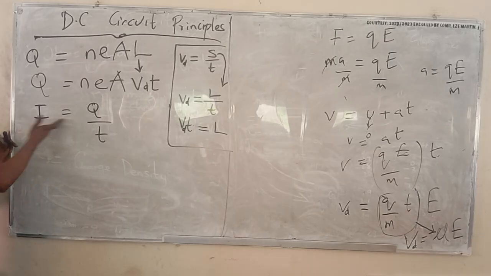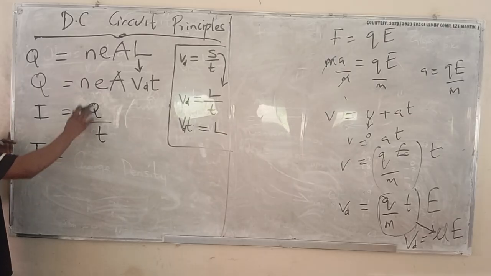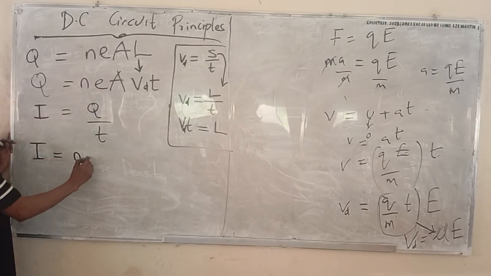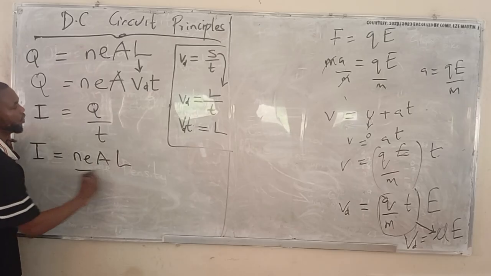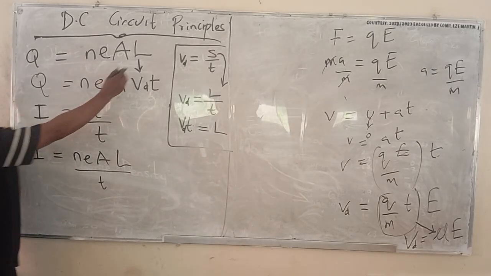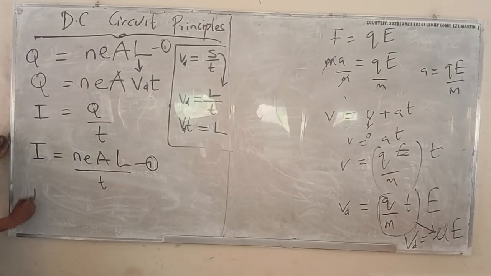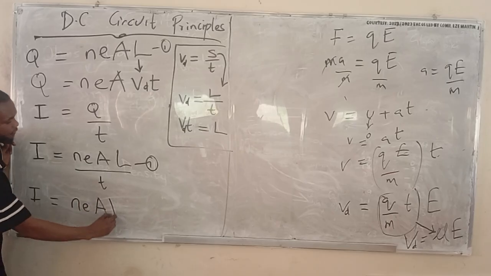So if I have this, it simply means that I will be equal to, notice something. Do you notice that Q here can be the same thing as saying NEAL all over T? Do you agree? That is, if I'm using the first one. But in a situation where I'm using the second one, this can be the same thing as saying NEAV.